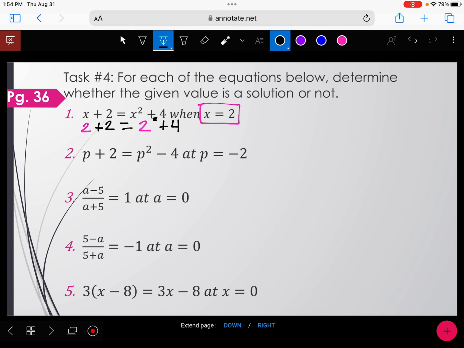Because 2 plus 2 gives me 4. 2 squared is 4. 4 plus 4 is 8. So, okay, too many steps. 2 squared gives me 4, and that 4 drops down, right? So simplifying again, I need to bring it to the side because I'm out of space. We have 4 equals 8. Is that true? No. So no, this one is not a solution.